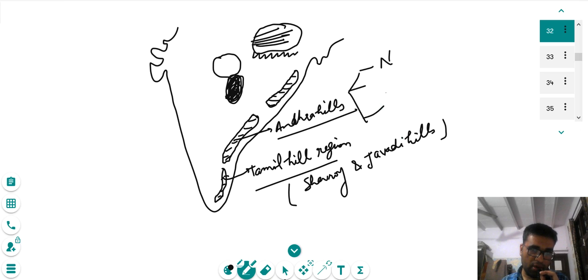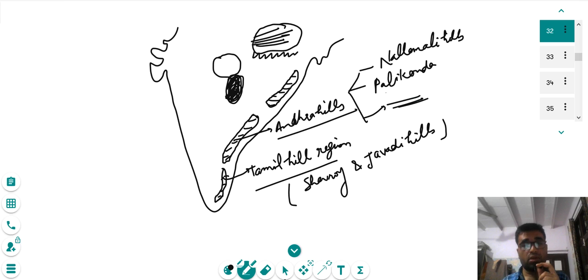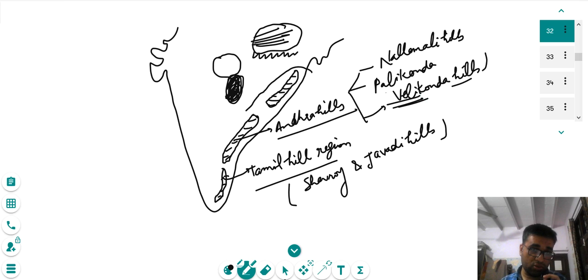These are Nallamalla Hills, Palkonda, and one more, Velikonda Hills. So these are part of the Eastern Ghats. All three are collectively part of the Eastern Ghats.